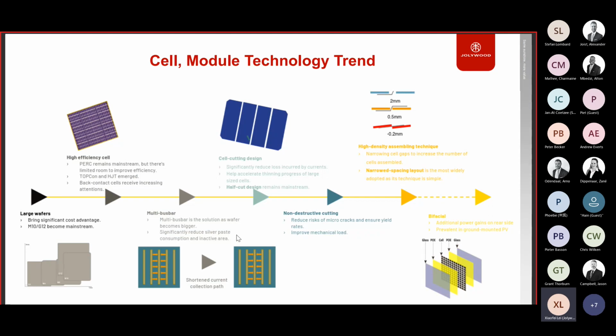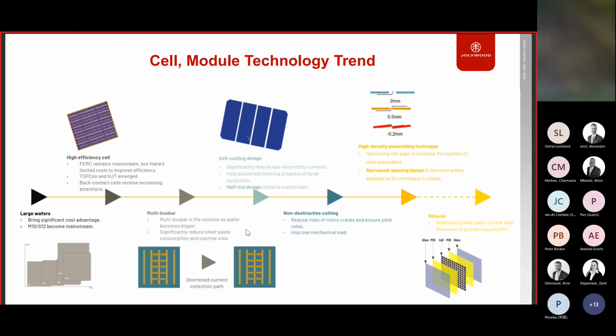Another advantage of multi-busbar is that it can shorten the current collection path. It means that the solar cell internal resistance is lower compared with the previous 3 or 4 busbars.